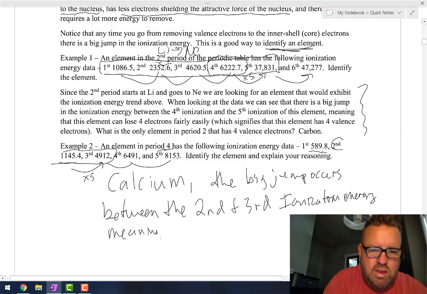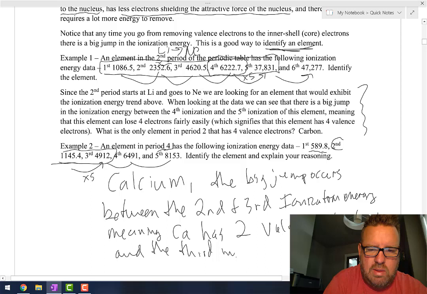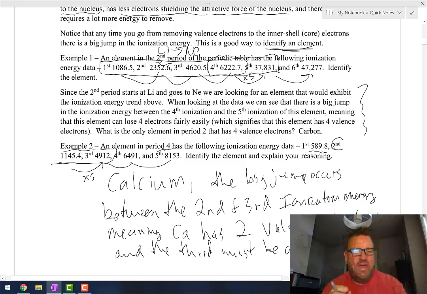Meaning that calcium has 2 valence electrons and the third must be an inner shell electron.